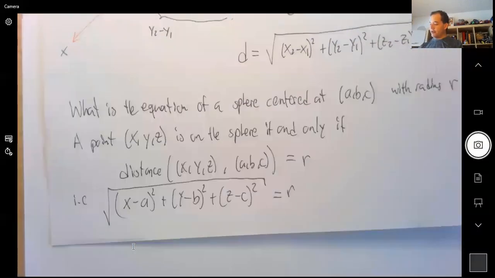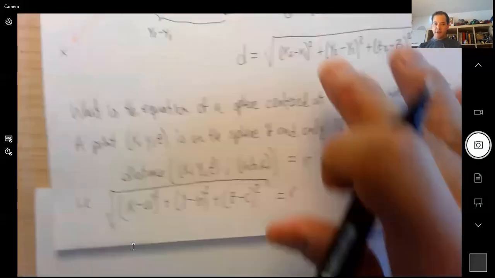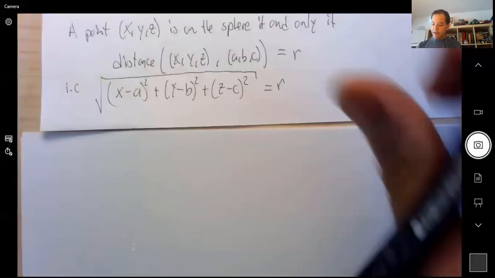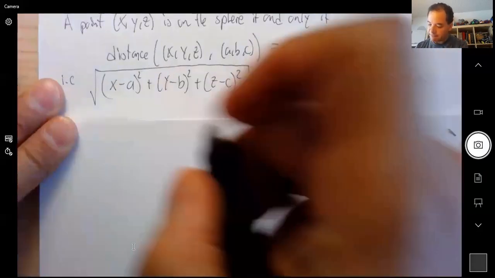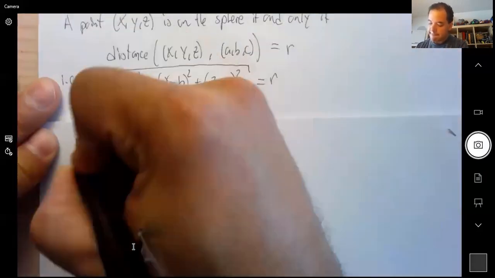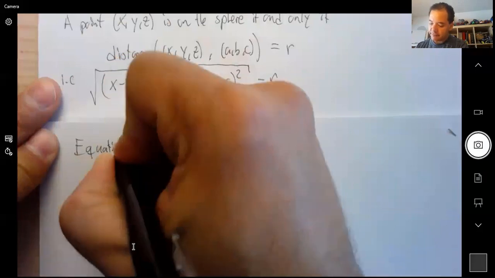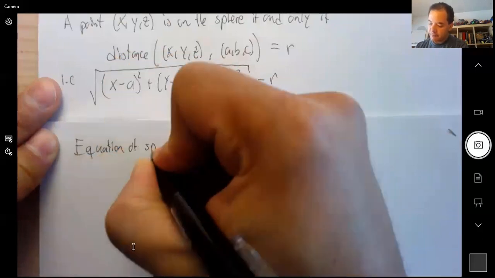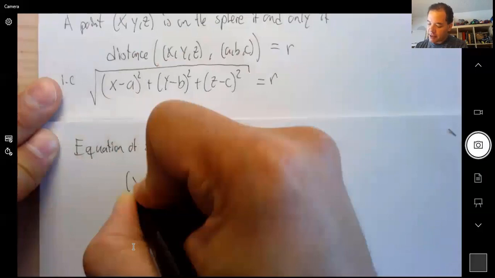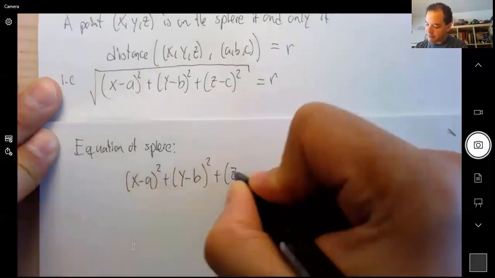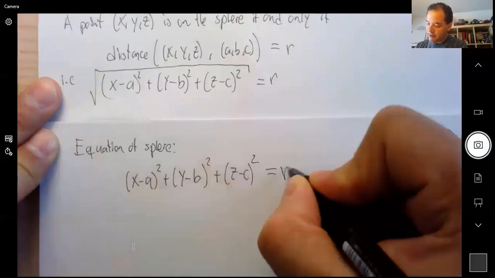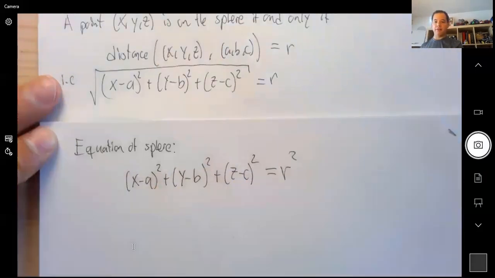See, we don't like the square root too much. So instead of writing it like this, we write it as follows. The equation of a sphere is (x - a) squared plus (y - b) squared plus (z - c) squared equals radius squared. That's what it is.